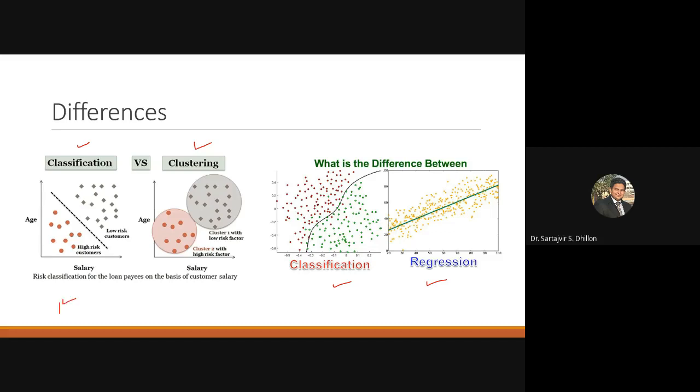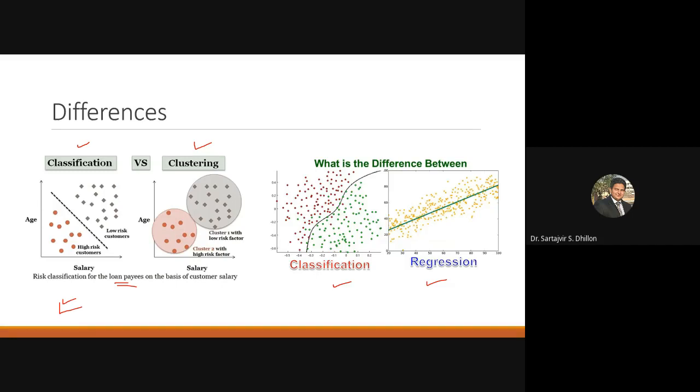So in a classification, there are two types of customers. Please assume this example in which there is a salary and loan pay. Those who have taken the loans or who want to take the loan, and you have to identify where we can take the risk, where there is a lower risk, and where there is a high risk.